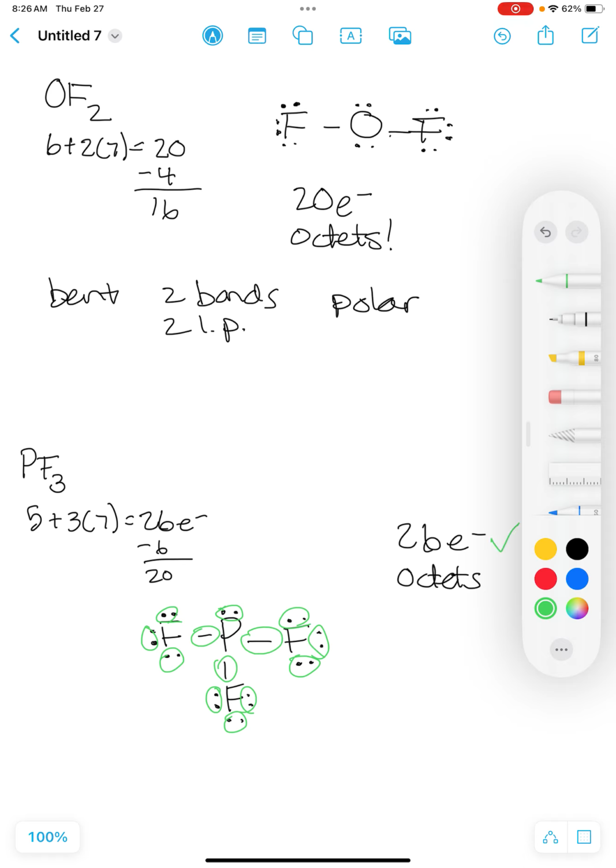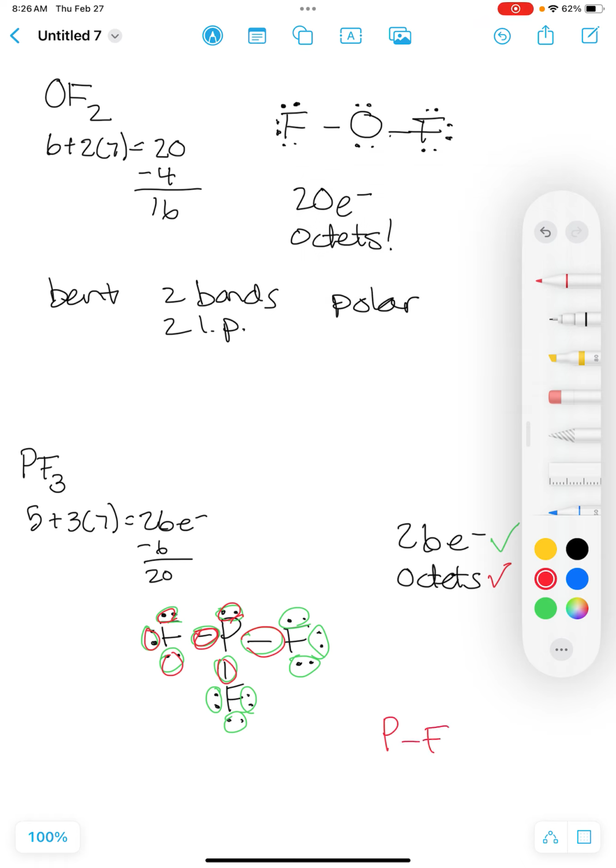So that's good. And now, does everyone have 8? This fluorine has 2, 4, 6, 8. Each of the fluorines is the same, so they have 8. Let's check on the phosphorus. 2, 4, 6, and 8. So everyone has an octet. I'll redraw that structure real quick.